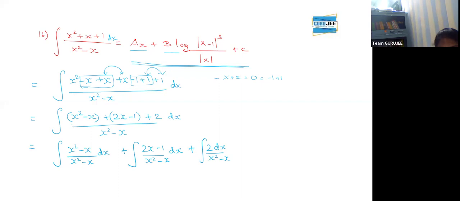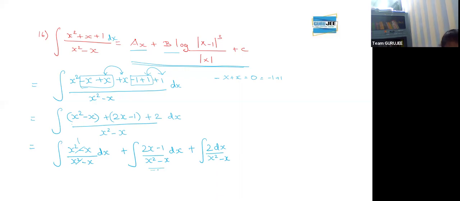Yes? Fine. So now I have only divided this expression. After dividing, I have numerator and denominator the same, so cross out this one. Now it becomes 1. In the second term, see x square minus x is there in the denominator.